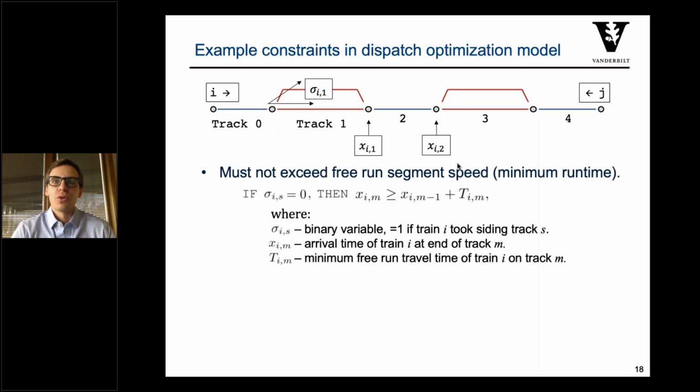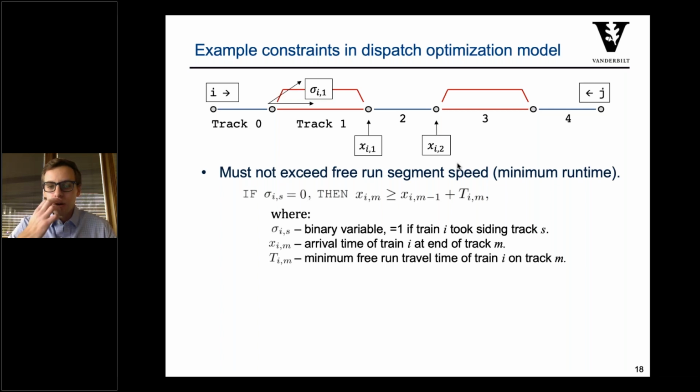And these variables can then be combined to give us one of the constraints that will feed into our optimal dispatch problem. In this case, we condition this on sigma I being 0. That's saying that train I took the mainline track segment.